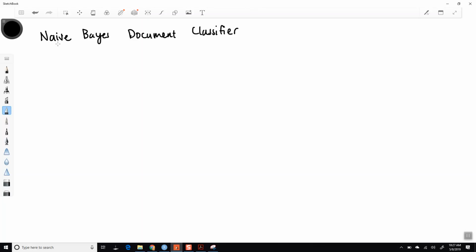So in the naive Bayes document classifier, when we look at a sentence or a document, we are going to just treat the words in the sentence as independent, meaning the order doesn't matter. The arrangement doesn't matter, we're going to look at the words that appear.